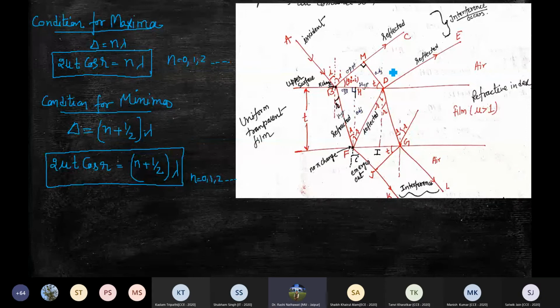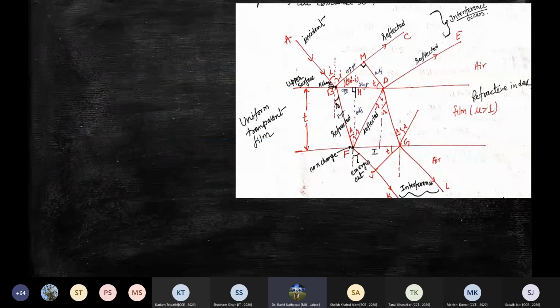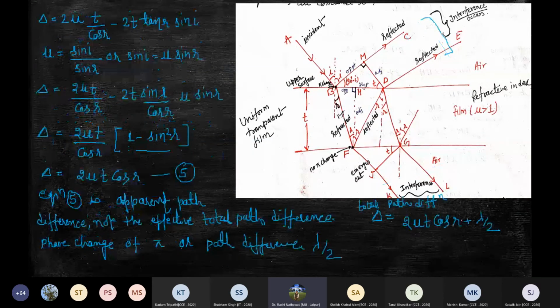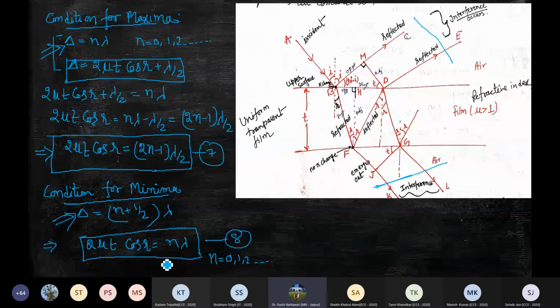Hence, if the film appears dark in the reflected rays, it will appear bright in the transmitted light. ये कंडीशन किसकी है, कंडीशन फॉर मिनिमा 2 mu t cos r is equal to n lambda. ये कंडीशन मिनिमा की है कब, इन द रिफ्लेक्टेड रेज.